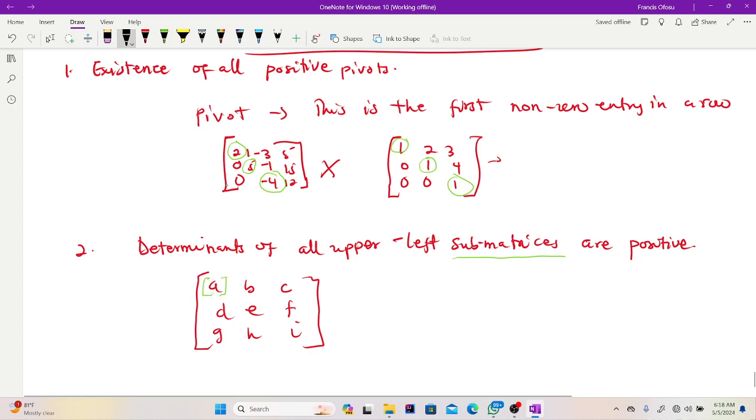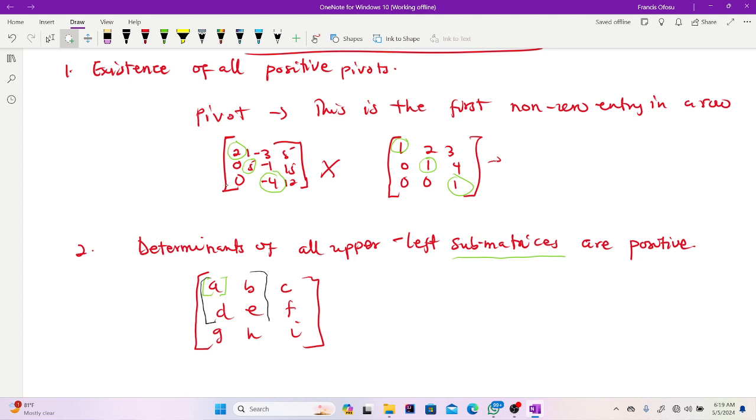Then we come to the second matrix, which is this. Then finally, the overall matrix. So within this 3 by 3 matrix, you can get 3 sub matrices. The first one will be a single entry. It's like a constant. So it's A. Then the second one is this 2 by 2. Okay, the 2 by 2. And we're talking about upper left.